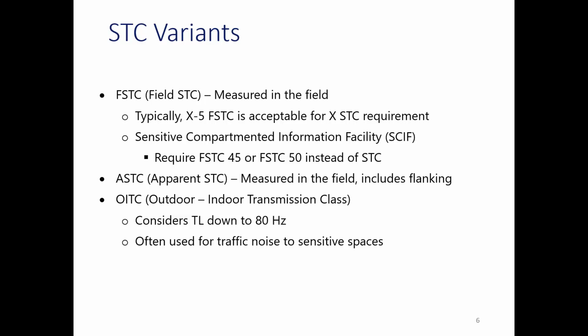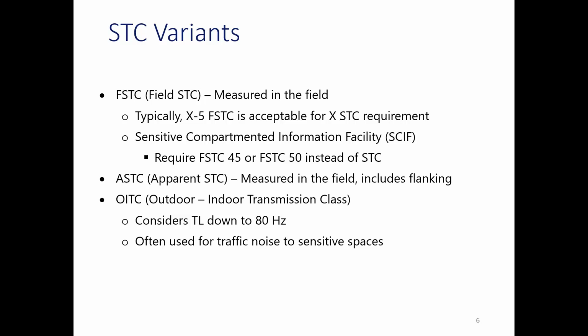A couple minor points about that. They're important points, but they're not the main bullet points on this page. The first one is typically X minus 5 FSTC. What we mean by that is that if you have an STC of 50 for the building code, then if you get 45 FSTC, that's acceptable.